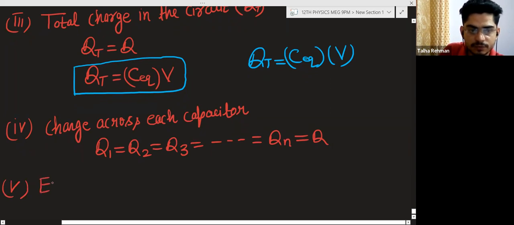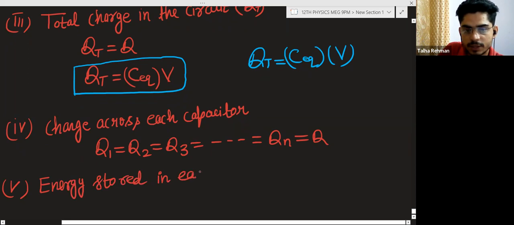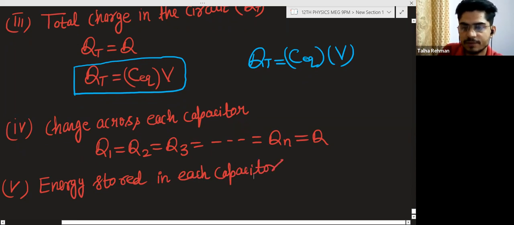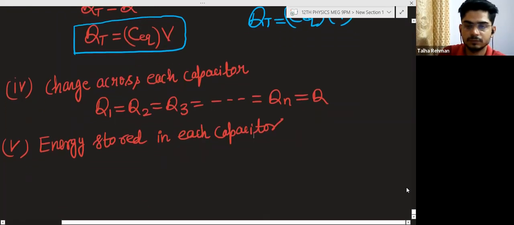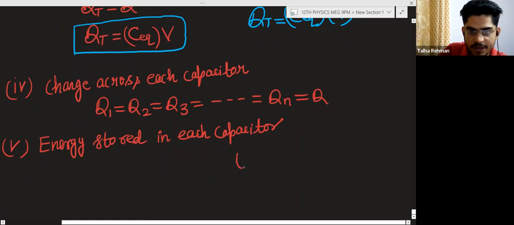Energy stored in each capacitor. And Hamza, we have three formulas for energy. I represent energy with U. First formula is Q square by 2C.